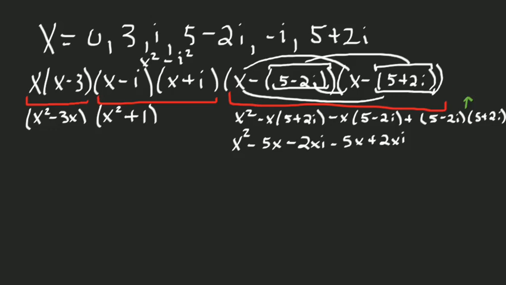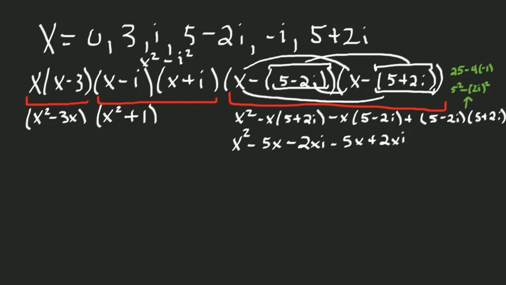And so it's going to be 5 squared minus 2i squared. What does that give me? It's 25 minus what? Minus 4. Well, i squared is negative 1, right?